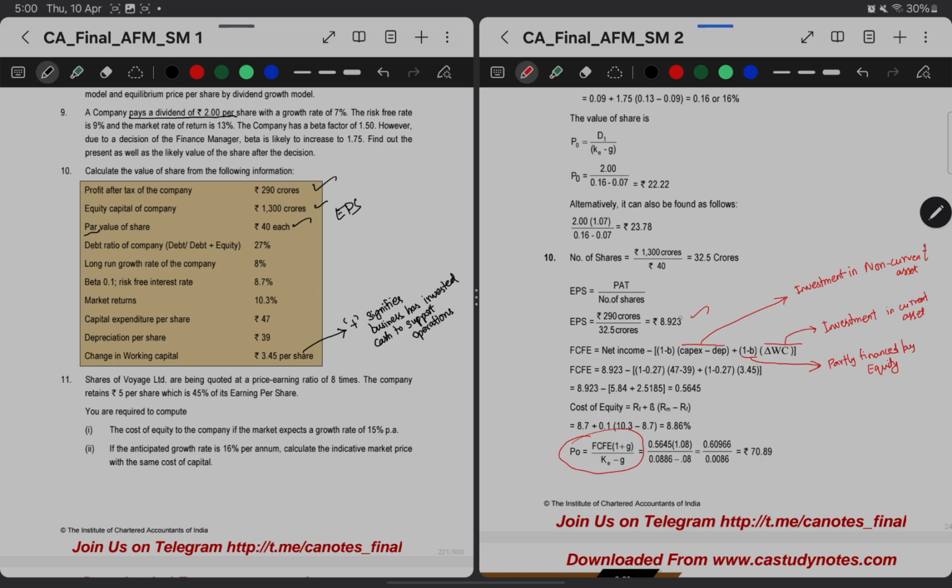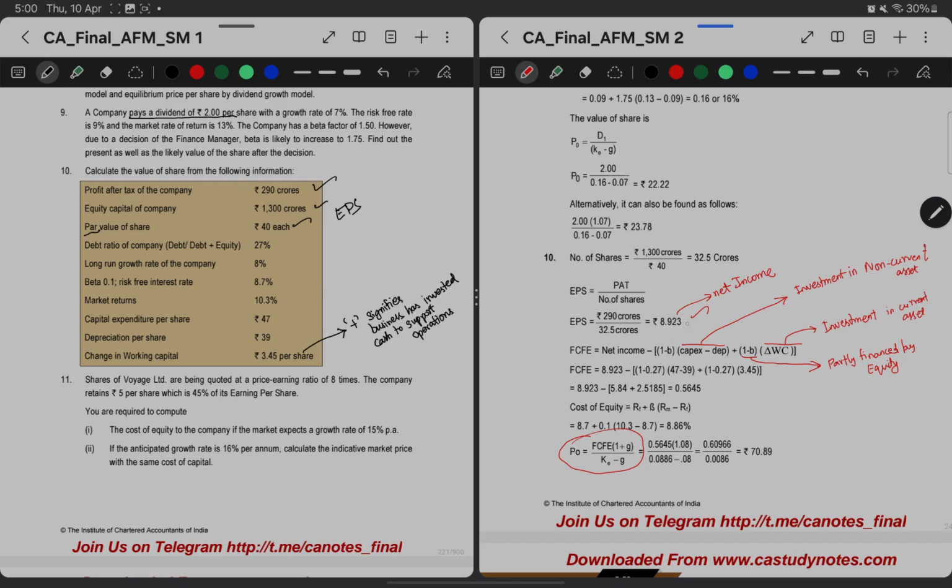Now this 8.923 is the net income, but since we need free cash flow to equity, we have to find out the free cash available to shareholders. So this is not the free cash available to shareholders, this is just the net income which we got.